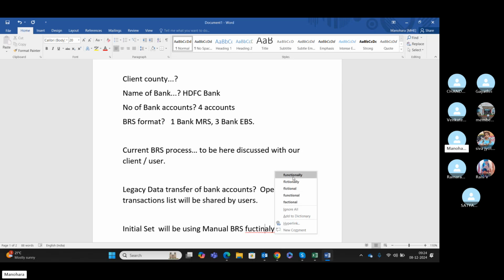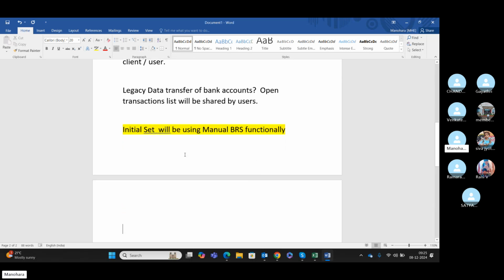So we have to understand the initial setup first: how manual BRS is happening, and after that we can go into the electronic BRS. First we have to understand how journal entries are happening and which logic is applicable in SAP for manual BRS. After that we can go into the data.